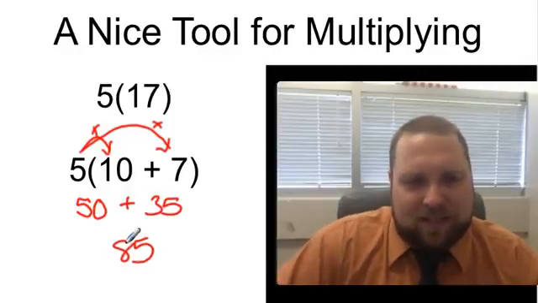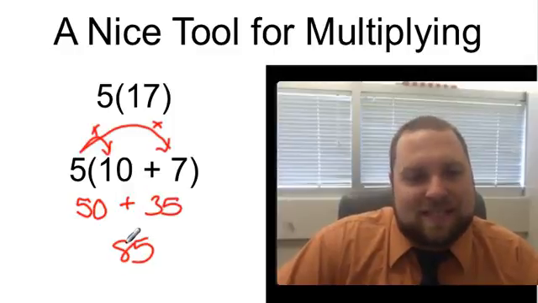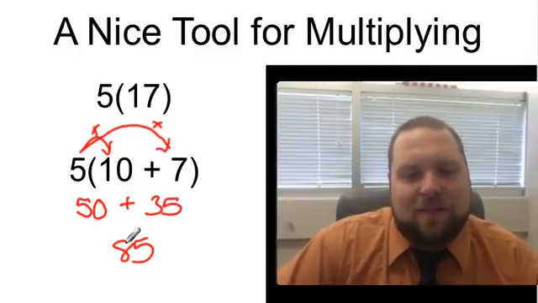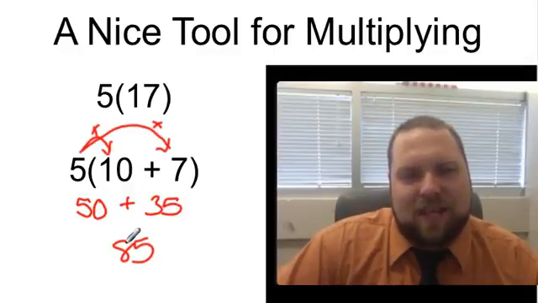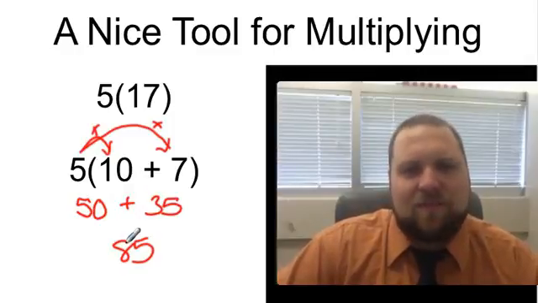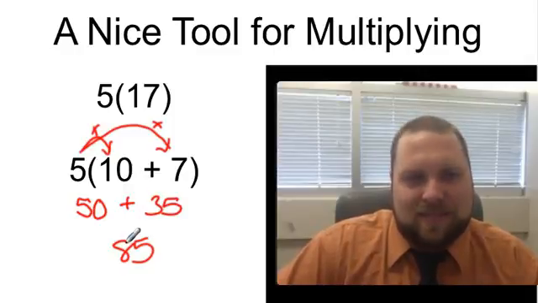Now, if you look carefully, you'll notice that's doing the exact same thing as that algorithm that we looked at before. But it's just a little easier to break down and see in your mind that if we take 17 and disassemble it into a 10 and a 7, 5 times 10, we know that, 50. 5 times 7, we know that one, 35, and then we just add them together.